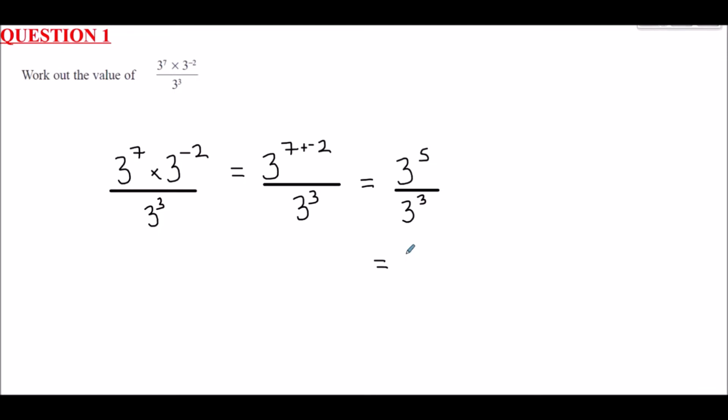So at this stage, we do the new power as 5 minus this bottom power, 3. So 5 minus 3. 5 minus 3 is 2. So it all boils down to just being 3 squared, and 3 squared is obviously 9. So that's the first question done. We're off and running. Let's have a look at question 2.